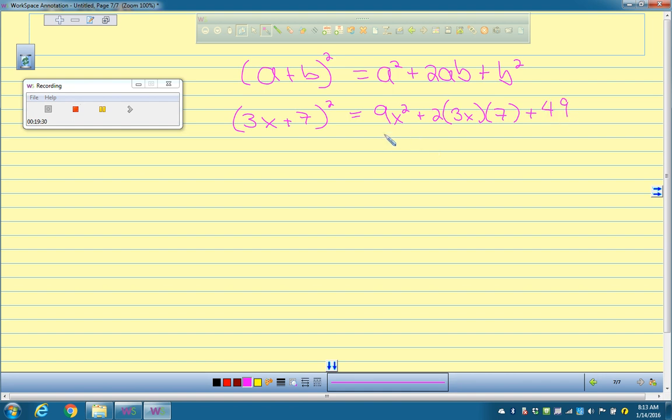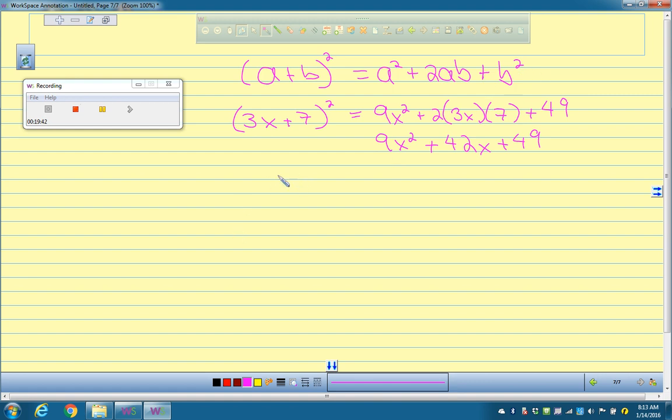And then you simplify. 9x squared, 2 times 3 times 7 is 42x, plus 49. So that's kind of a shortcut, right? If I have a plus b quantity squared, it's a squared plus 2ab plus b squared.